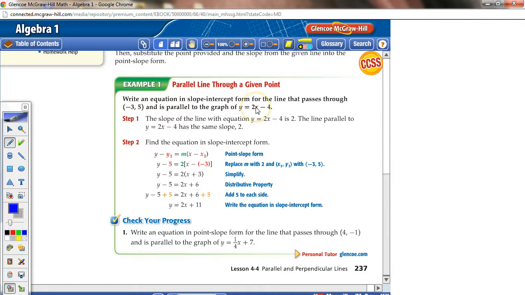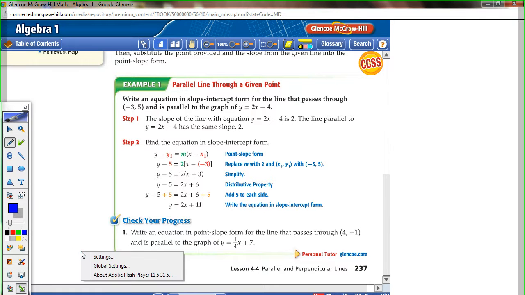Does everybody remember what point-slope form is? A real quick review here. Point-slope form is when you have one point and you have a slope.